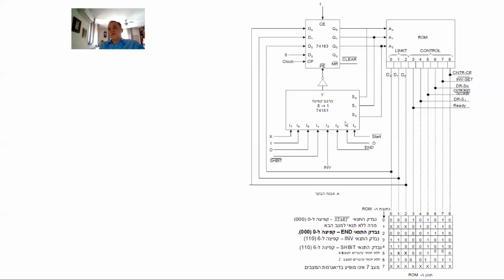The opcode, instead of just being a random number, is actually a set of ones and zeros which correspond to these input lines, which tell me in which state I'm going to need to jump, and that will be the opcode for that command. But here we're not doing it with opcodes, though it could be done with opcodes.